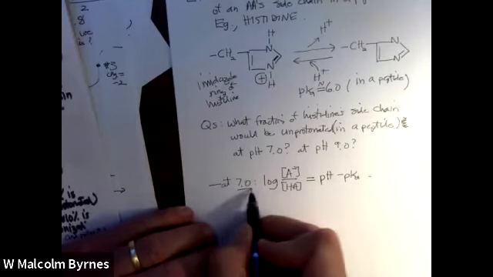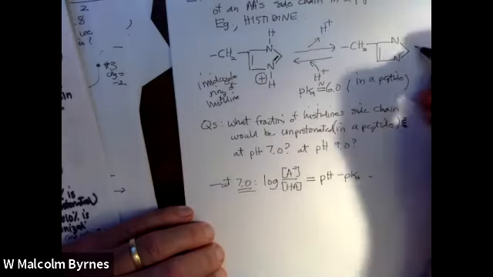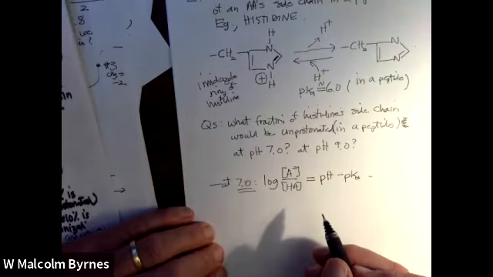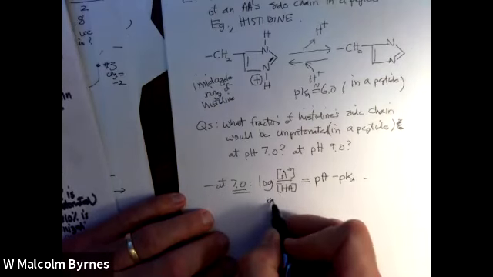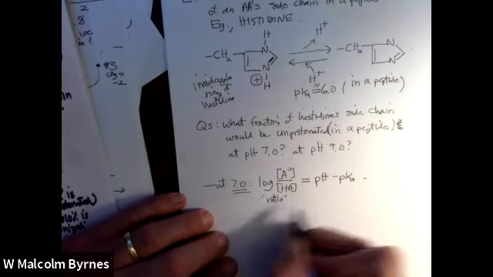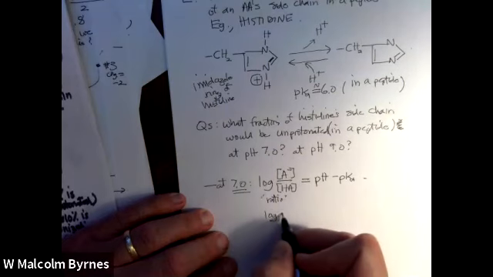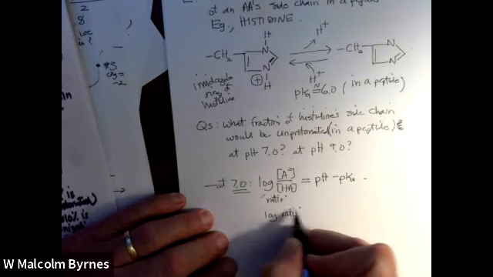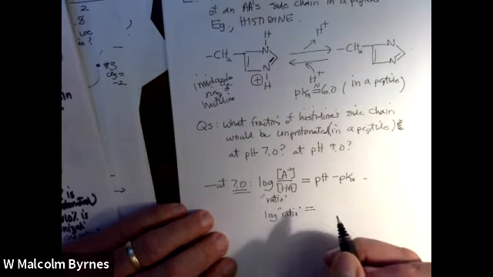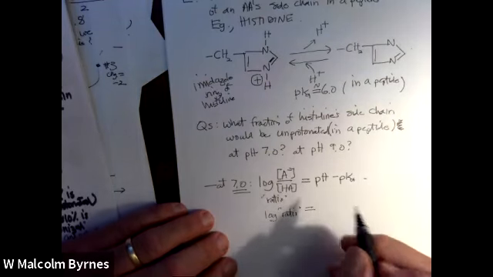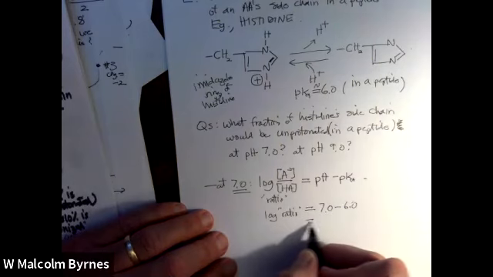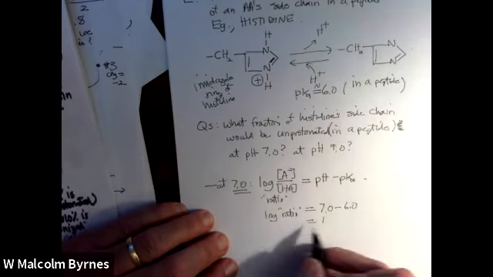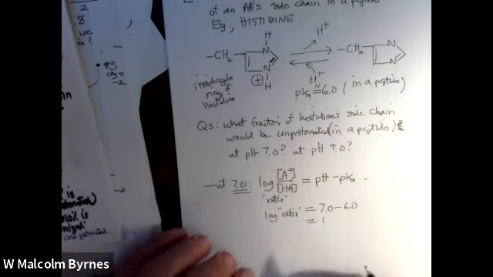So plugging in pH 7 for this side chain of histidine, what do we have? Let's call this the ratio. The log of this ratio is equal to 7 minus 6, or 1. So the log of the ratio is 1. What does that mean?